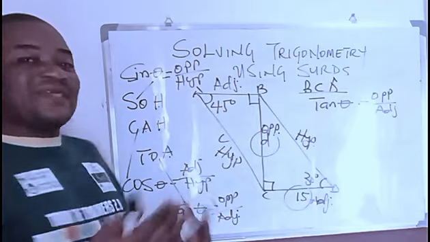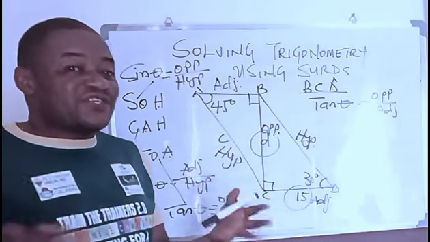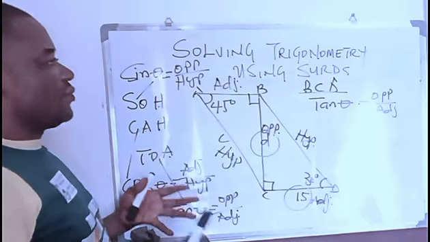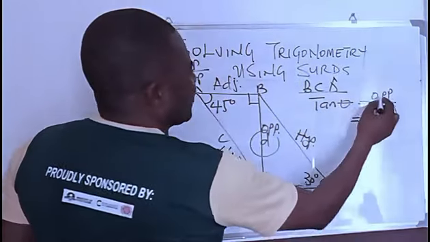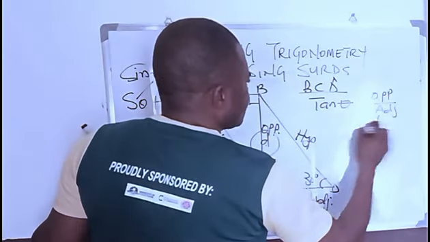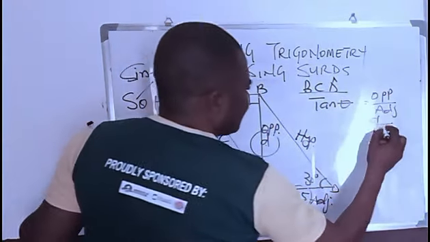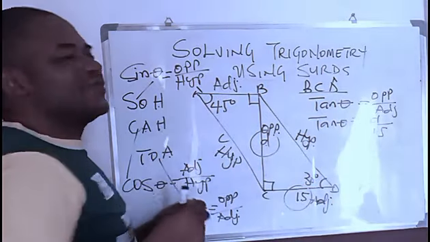Now, these are the basic things you must understand. Otherwise, you won't be able to appreciate trigonometry. Once this is given, we are expected to look for this side. This side opposite is D, adjacent is 15, and this is tan theta. So what do we do next?